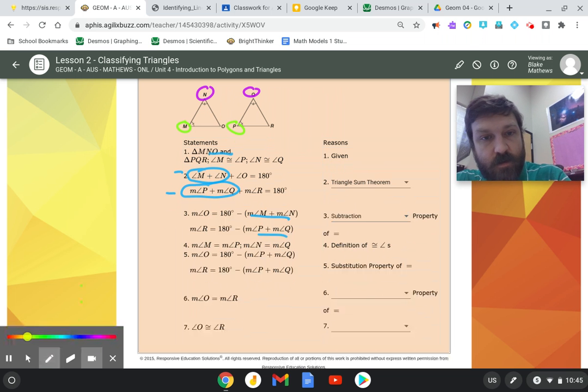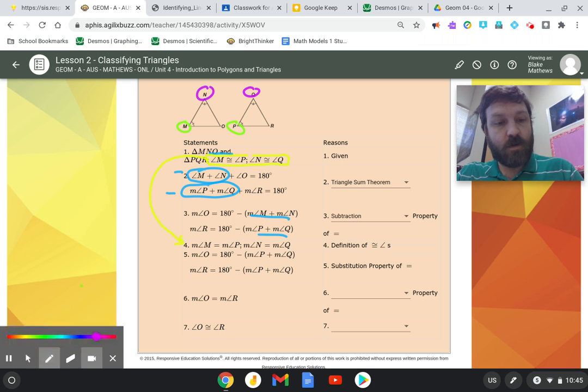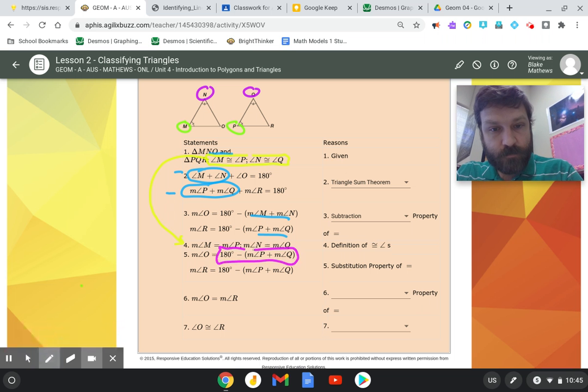So they're taking this right here from line 1, and they're bringing it down to here. And then they do some substitution by substituting the corresponding angle. So P and Q get substituted. That shows that those two are congruent. We can see that they both equal the same thing.